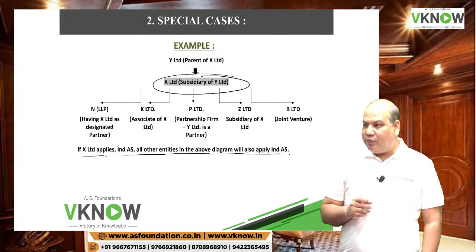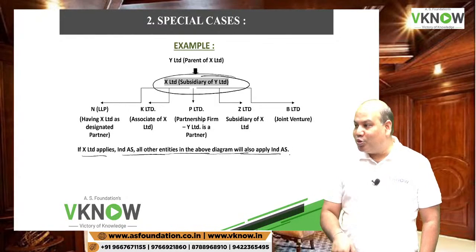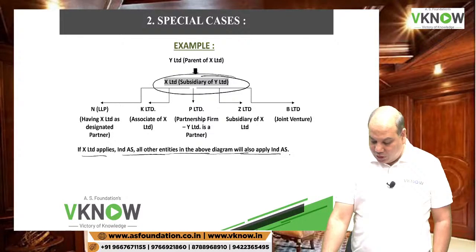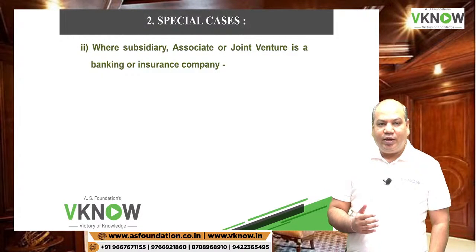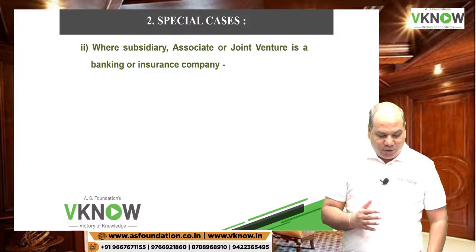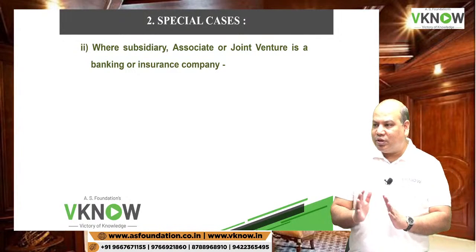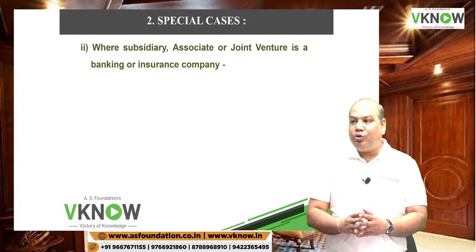And as per the definition, a subsidiary of a subsidiary is also a subsidiary, so even those will also apply. That way, more and more companies in India will come under the Ind AS net. Therefore you should learn and master this subject because, as I said, there is a huge demand for people who know Ind AS.